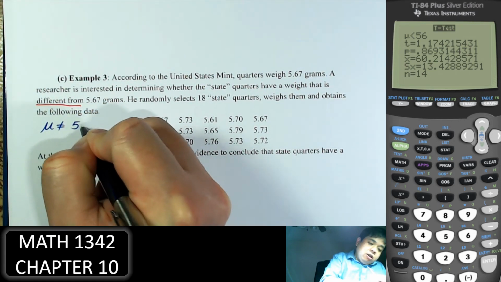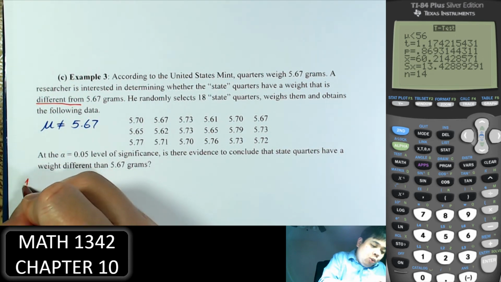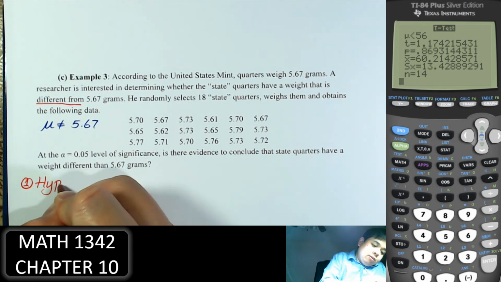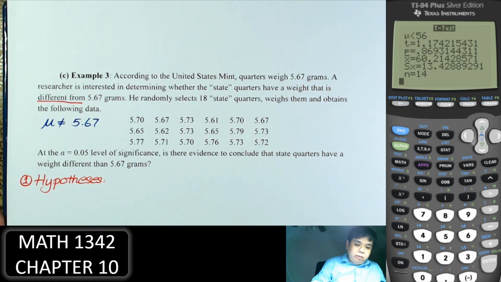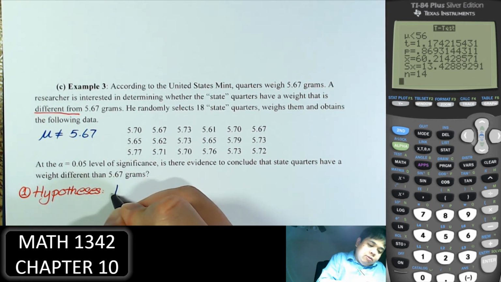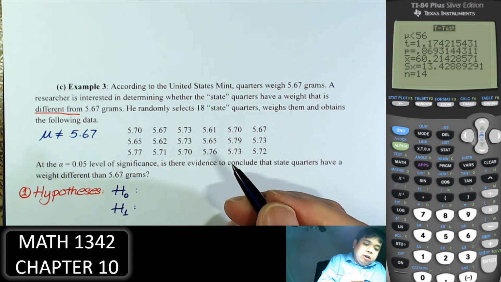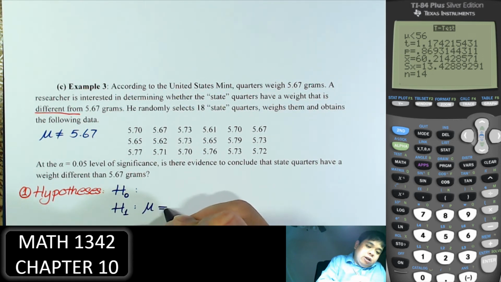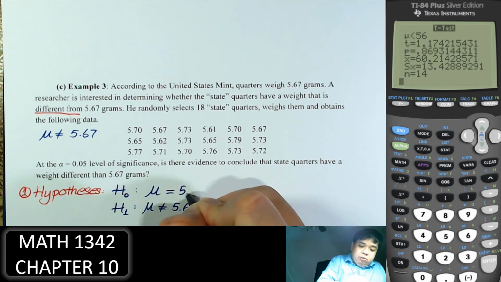If we write it out, it will be like this. It doesn't have the equal sign, so that will go with H1, the alternative hypothesis: mu not equal to 5.67 grams, and equal to is the null hypothesis.